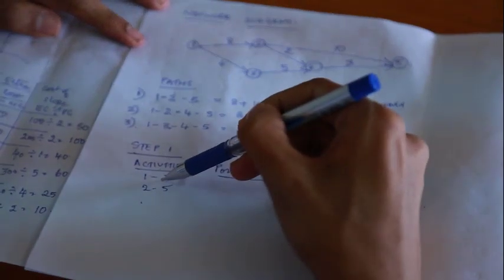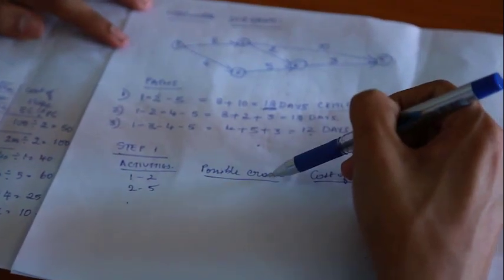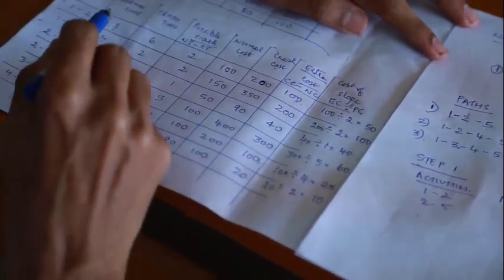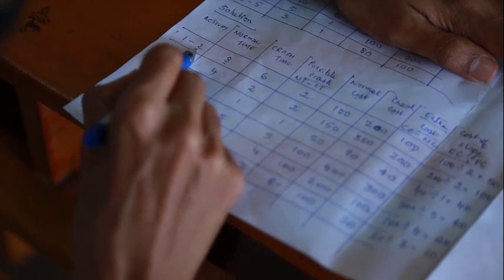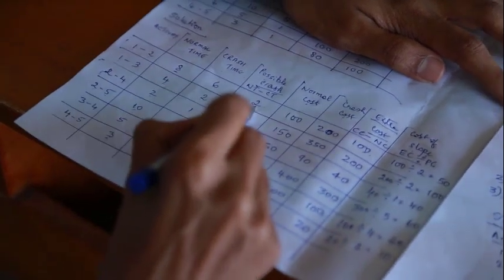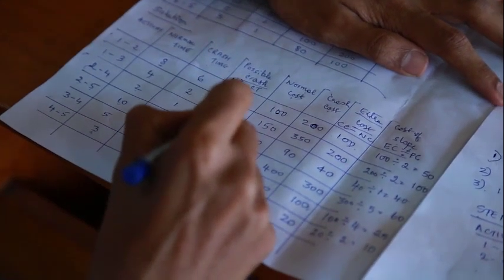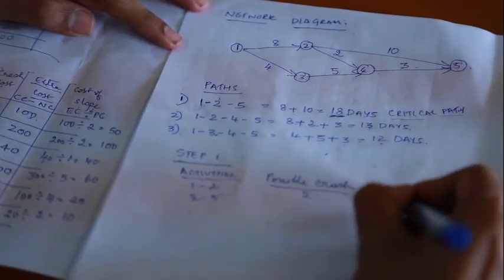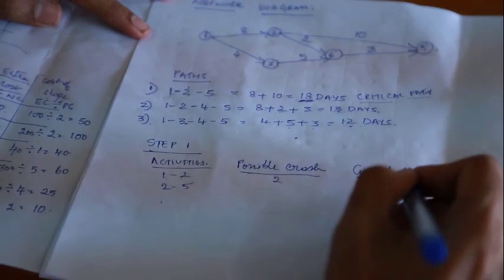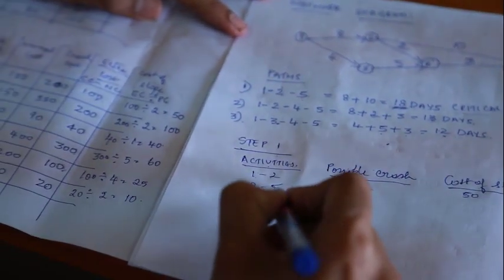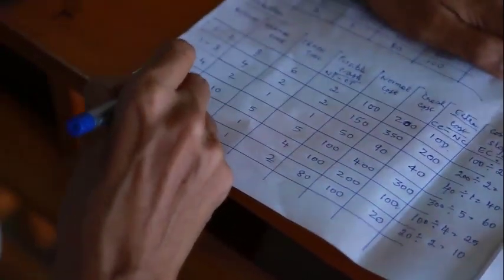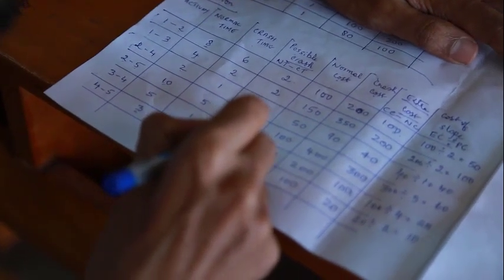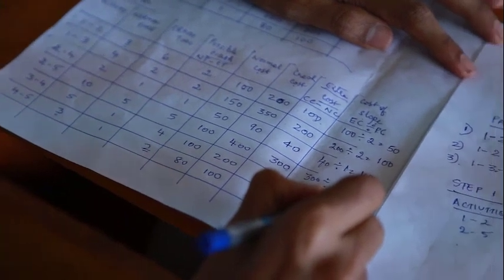We'll have to refer to the main table here. For activity 1 to 2, the possible crash is 2 and the cost of slope is 50. Next, for activity 2 to 5, the possible crash is 5 and the cost of slope is 60.